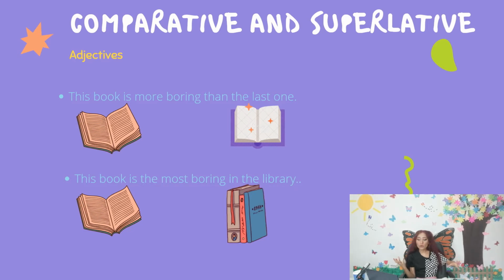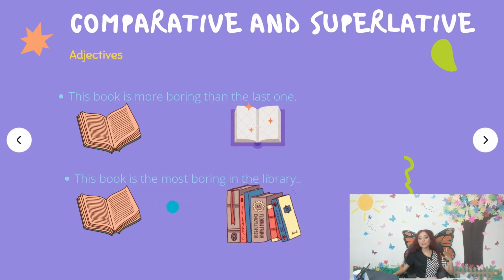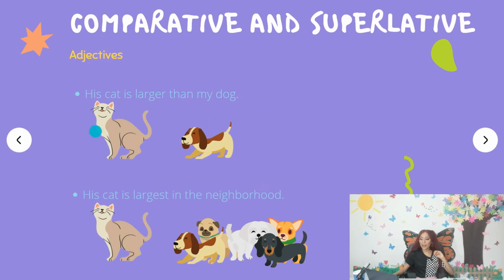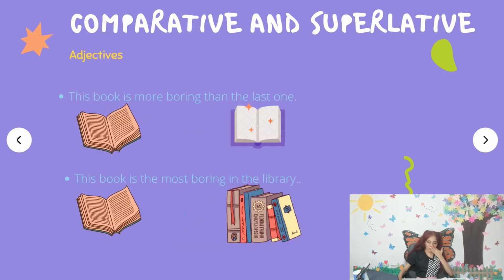I'm comparing this book with the lots of books that I have in here, so for that reason I'm using a superlative. Most boring: since it is still a long adjective, we add most instead of saying boringest, because it would be a very long adjective. Comparative, more boring. Superlative, most boring. Comparative, larger. Superlative, largest. Okay?